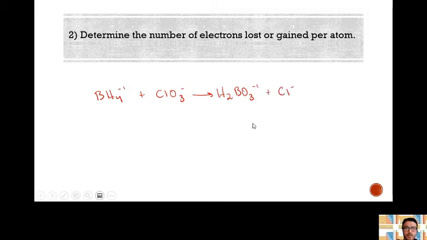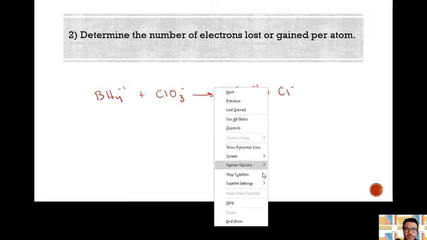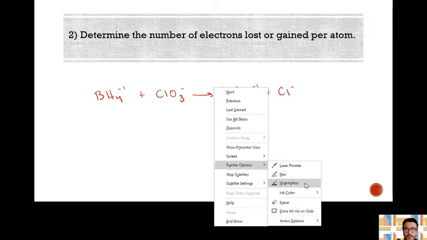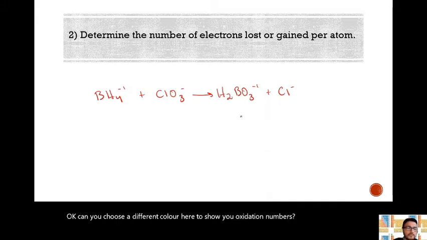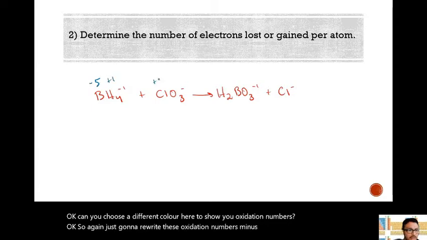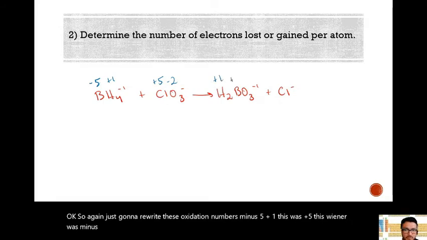I'm going to choose a different color here to show you the oxidation numbers: -5, +1, this was +5, this we know is -2, +1, +3, -2, and this is -1.